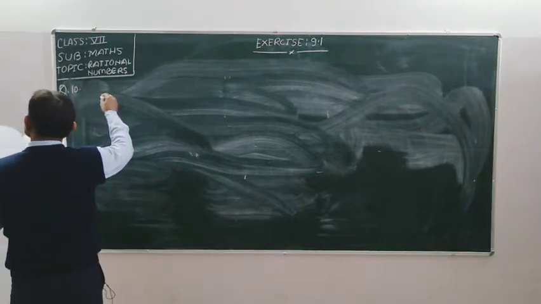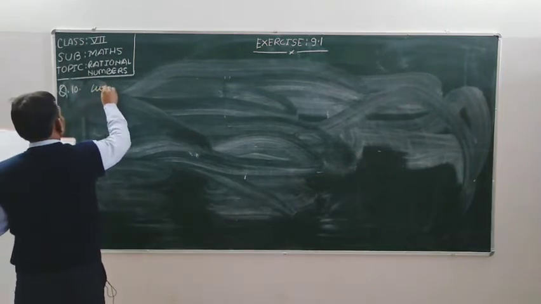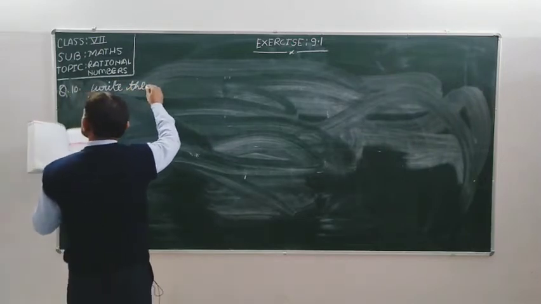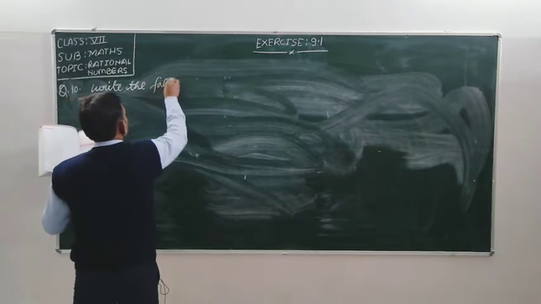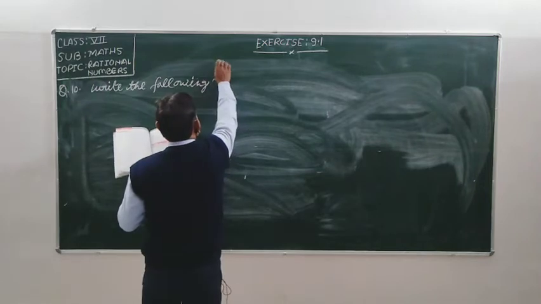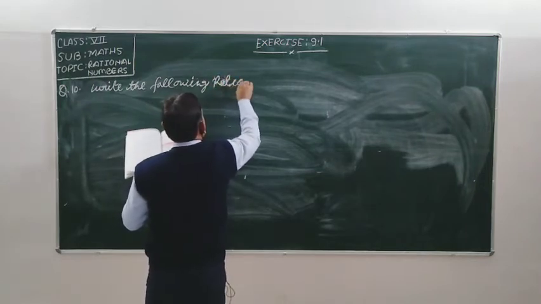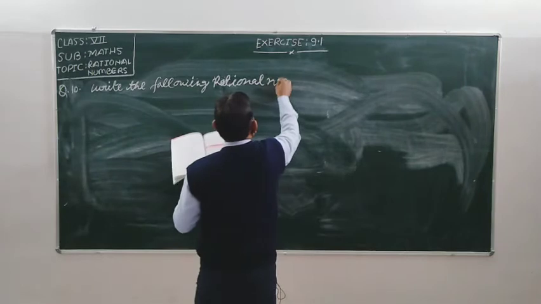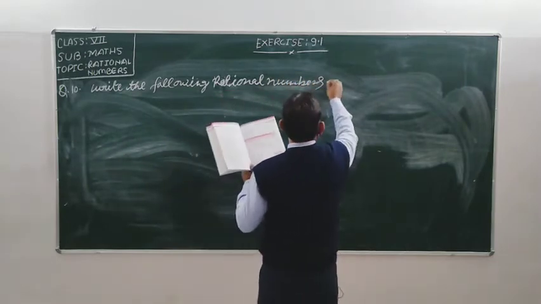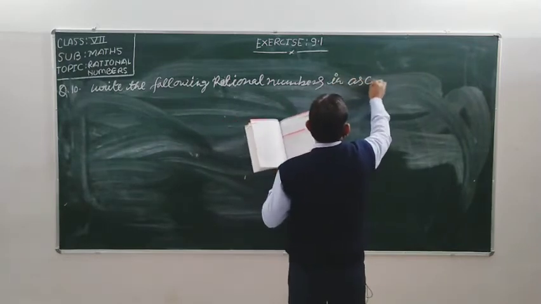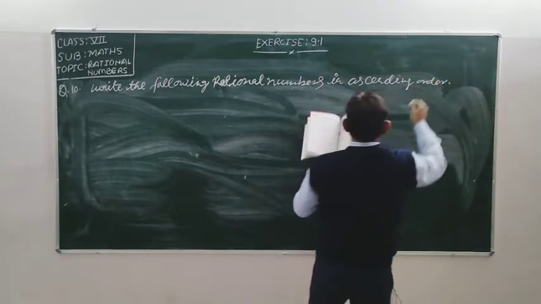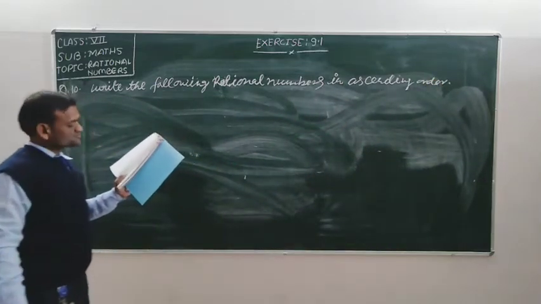Write the following rational numbers in ascending order. There are 3 parts given, student, in this question.